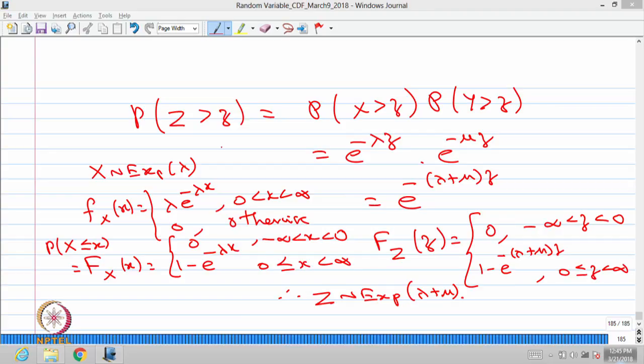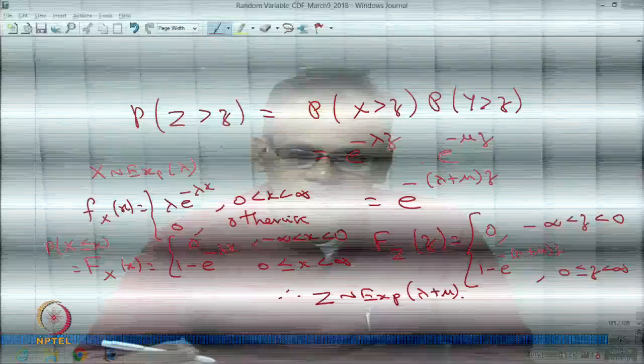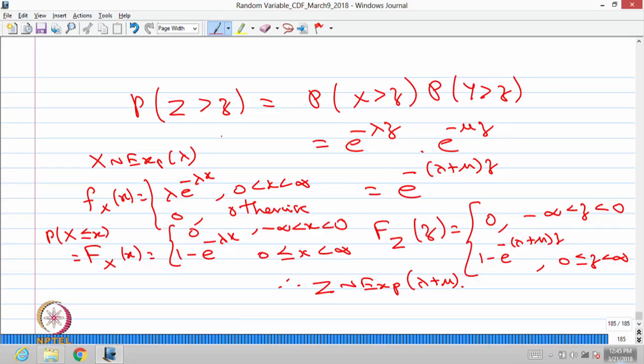That means if you have mutually independent exponentially distributed random variables, then the minimum of those mutually independent exponentially distributed random variables is again an exponential distribution, with the parameter being the sum of the parameters of the individual distributions. This is an easy way of finding the minimum of two independent exponential distributions.